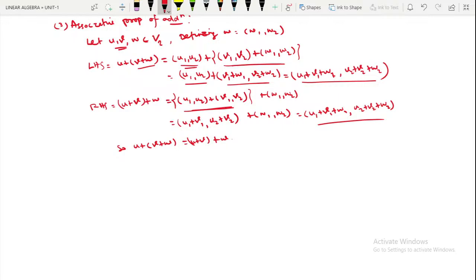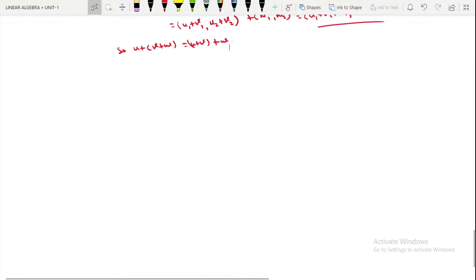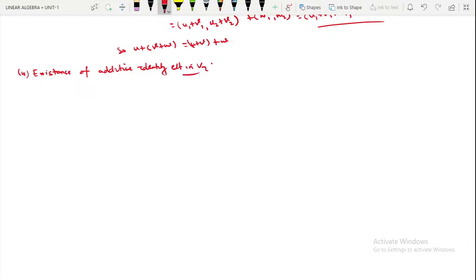Then comes the next property, existence of additive identity element in V. That is property number 4, existence of additive identity element in V2. And we know the 0 element is the additive identity element.